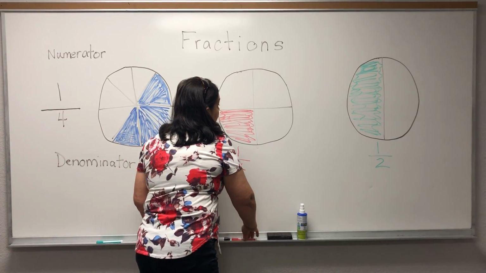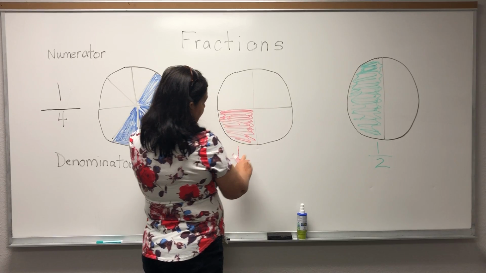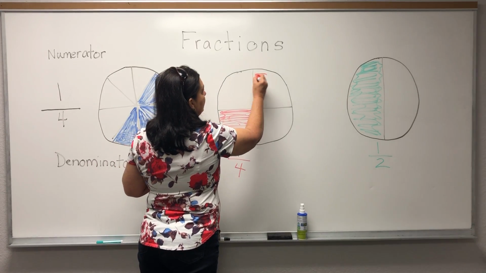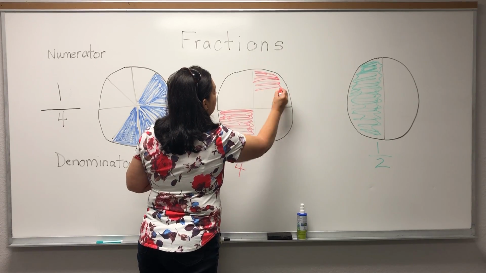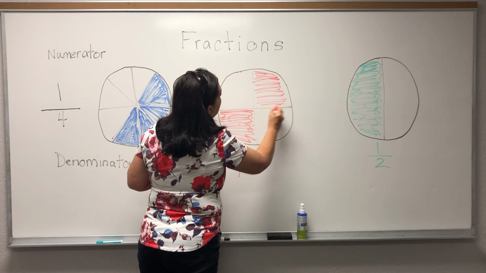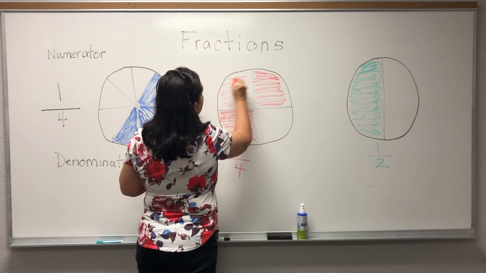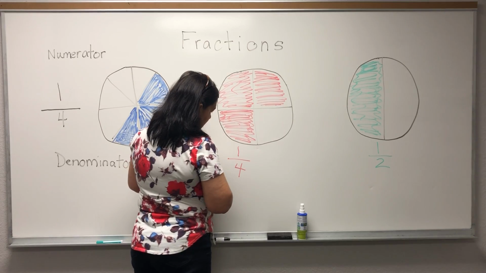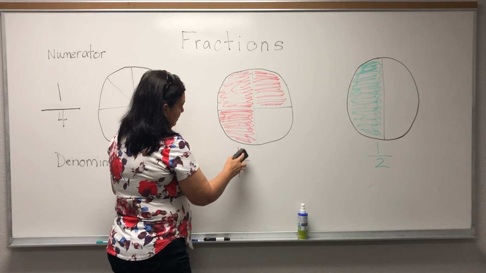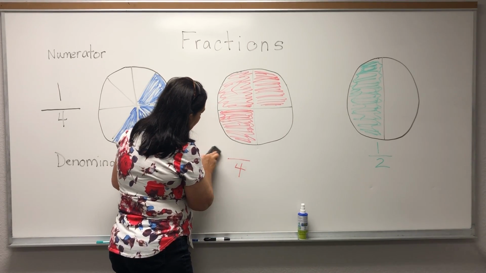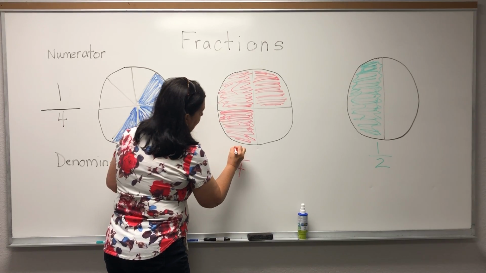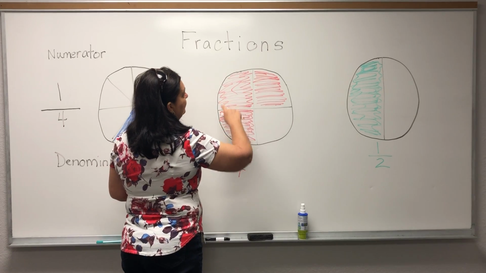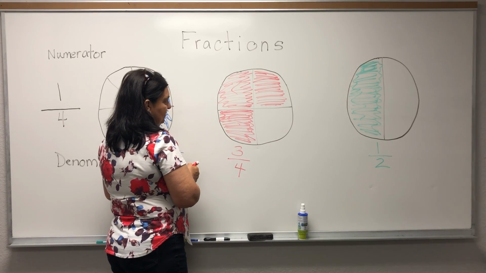And over here, okay, we had 1/4 because we only ate 1 piece of our pie. If we have 2 friends come over, and they like the pie, so they eat 2 more pieces. Now we have 3/4 of the pie that we've eaten.